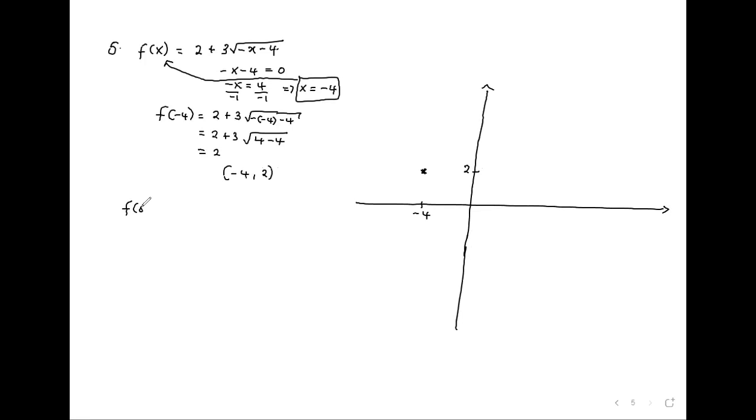What is f of 0? f of 0 is 2 plus 3 root of -0 minus 4. This is 2 plus 3 root of -4. So no x-intercept. I mean no y-intercept.